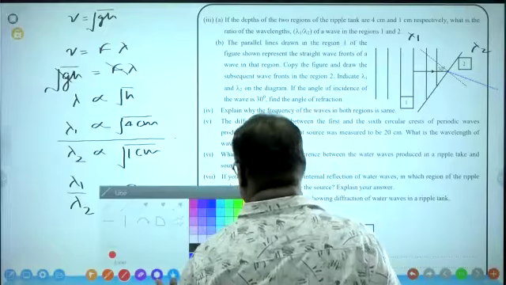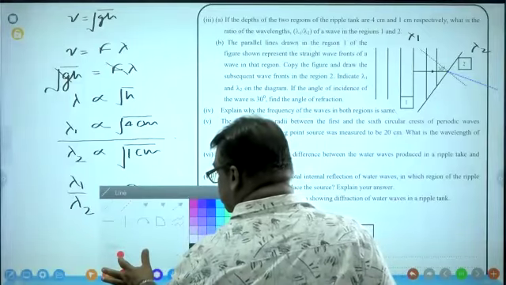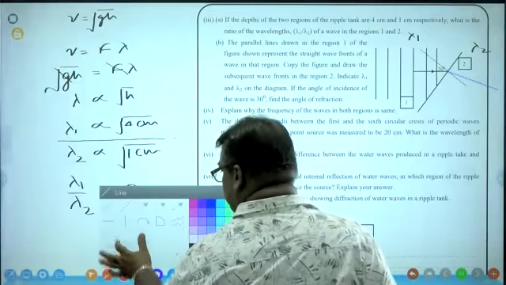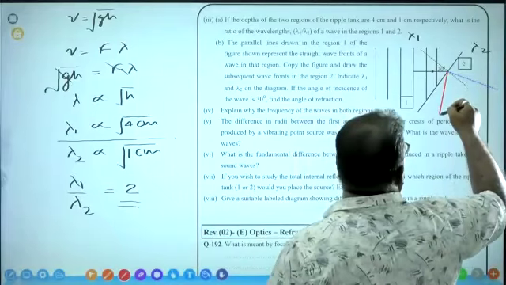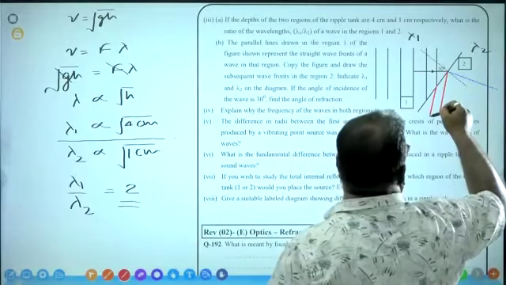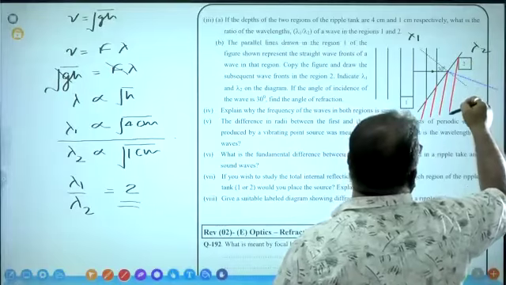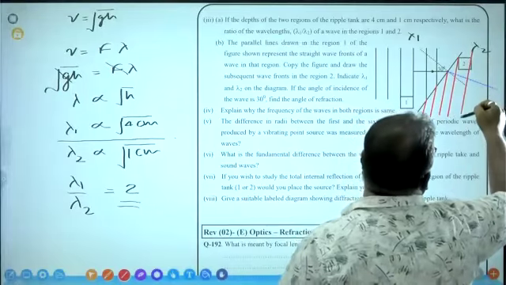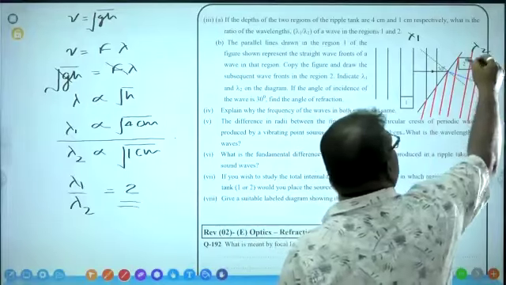So, arrangement of wave fronts. They are closing and bend like this now. Like this.